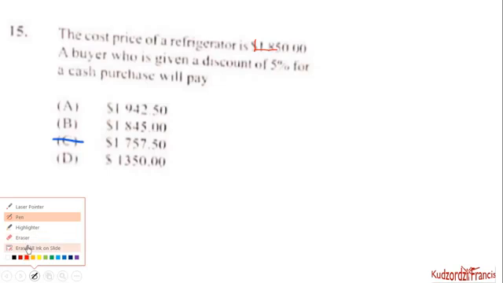The cost price of a refrigerator is $1,850. Now, a buyer who is given a discount of 5% for a cash purchase will pay. So the buyer is given a discount of 5%.